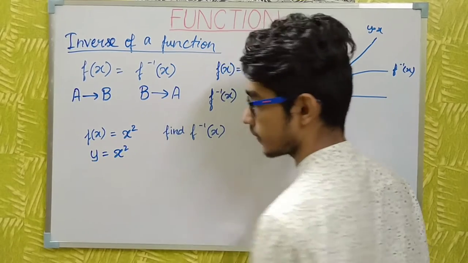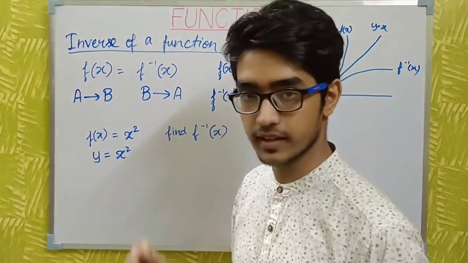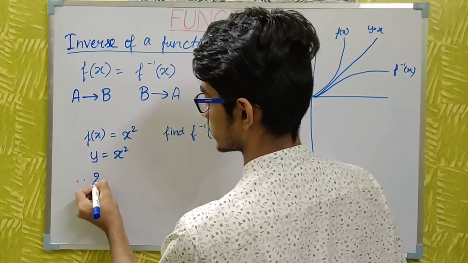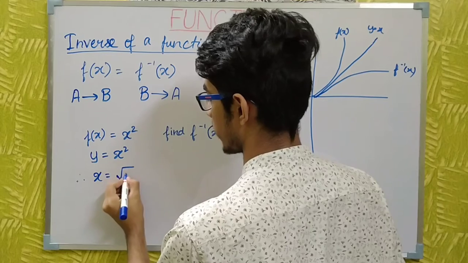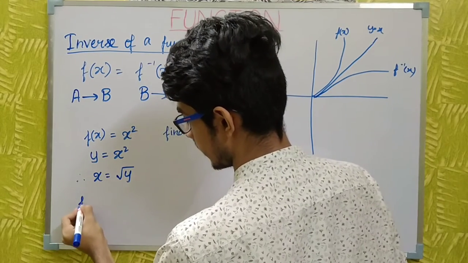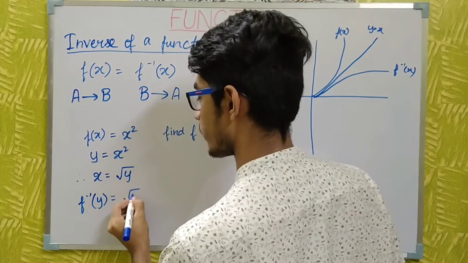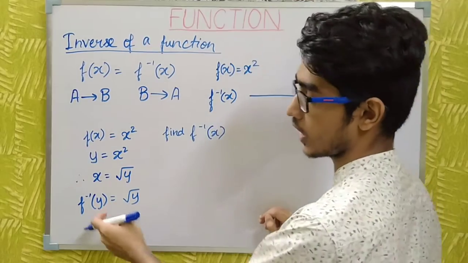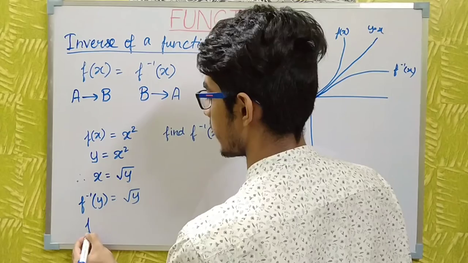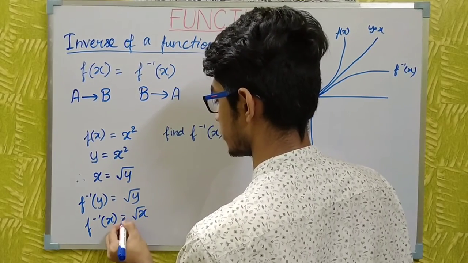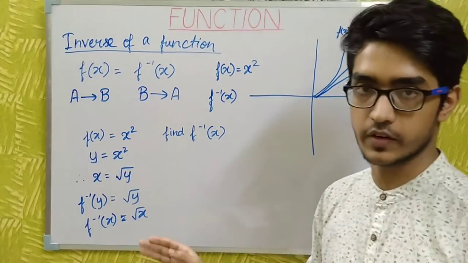Now from here we have to make x the subject. For that we can write, therefore, x equals root y, then f inverse y equals root y, and if you change y to x, then it becomes f inverse x equals root x. This is the method to find the inverse of a function.